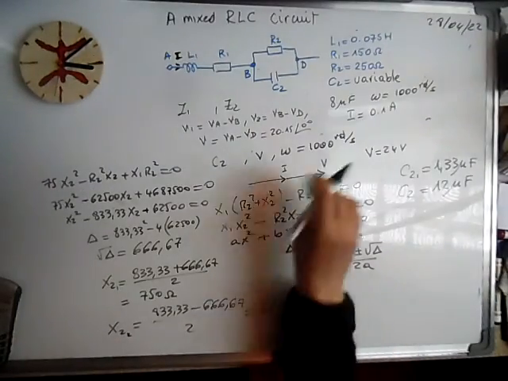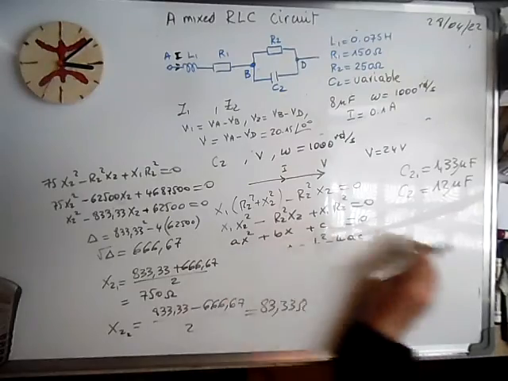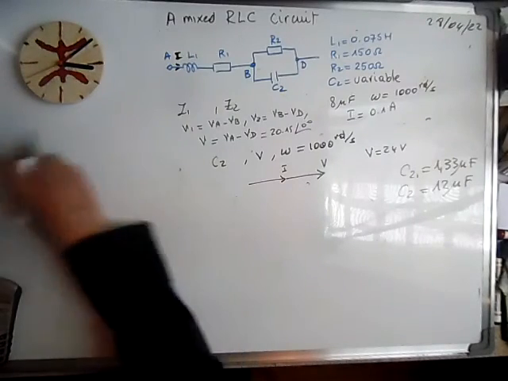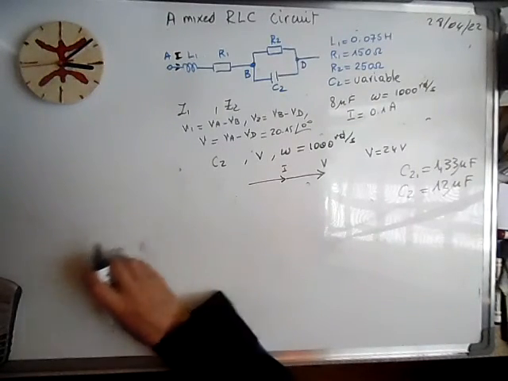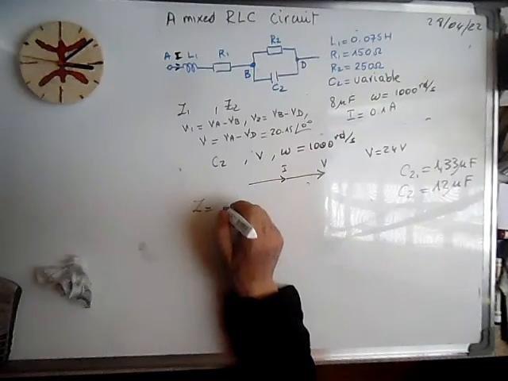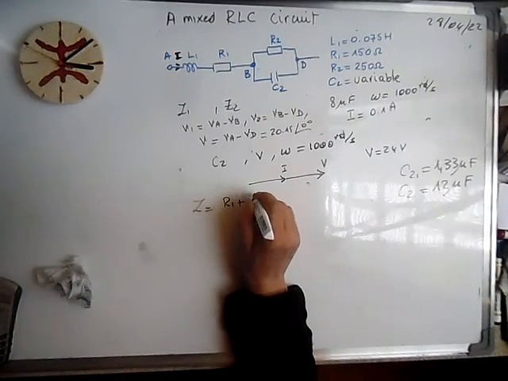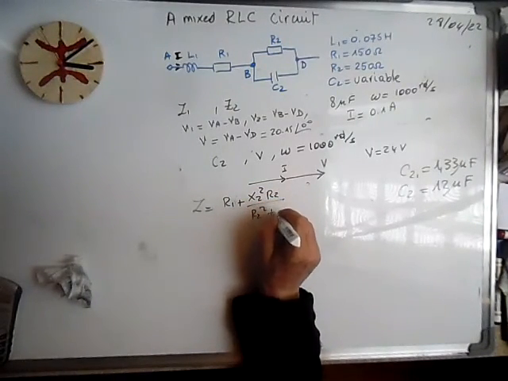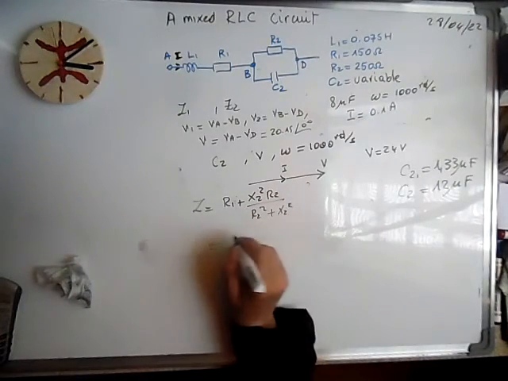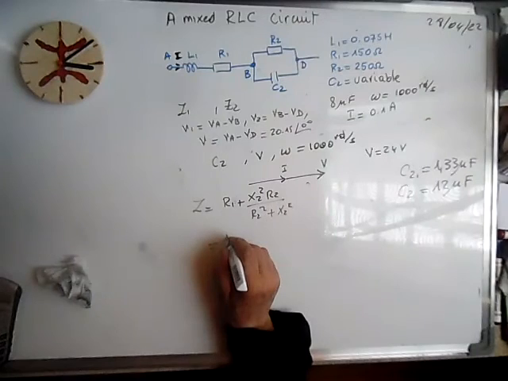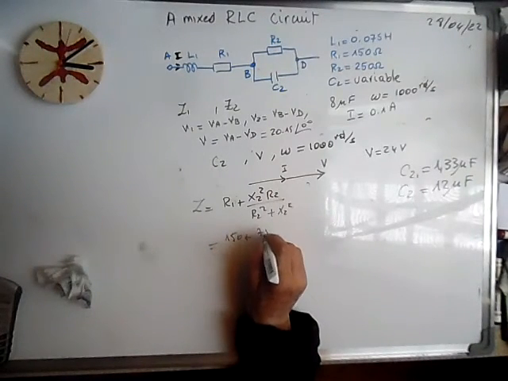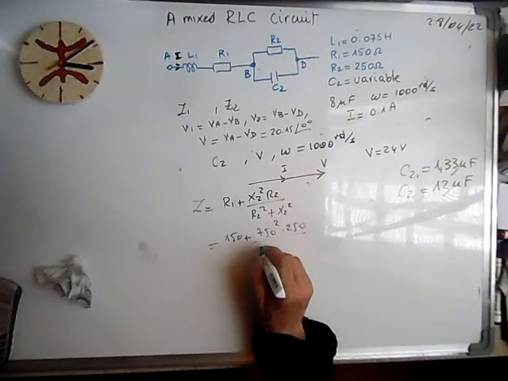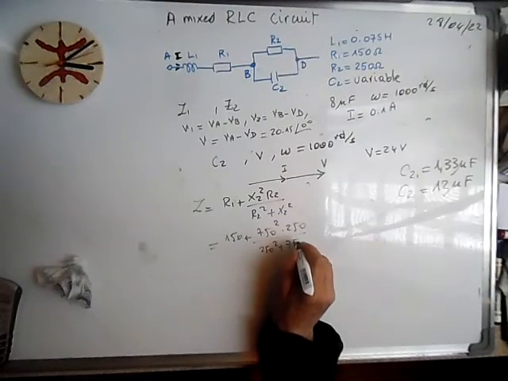From this we can calculate the current for V equals 24 volts. For V equals 24 volts, we have two values of the current, because Z is resistive and is equal to R1 plus X2 squared R2 over R2 squared plus X2 squared. For the first value, if we put X2 equal to 750, we get 150 plus 750 squared times 250 over 250 squared plus 750 squared.